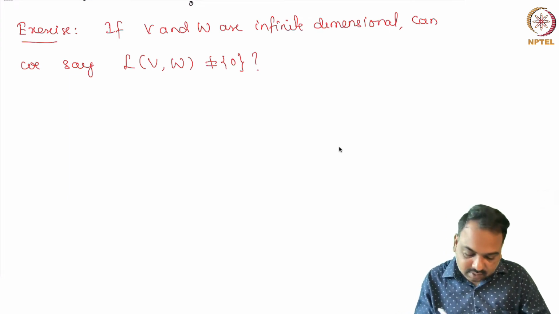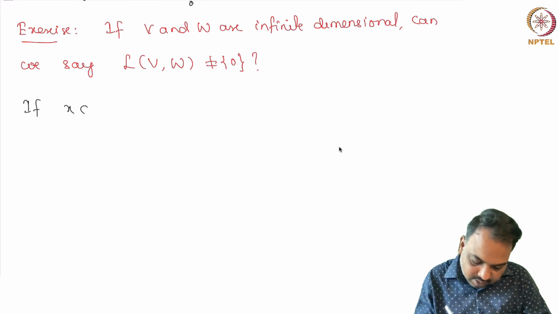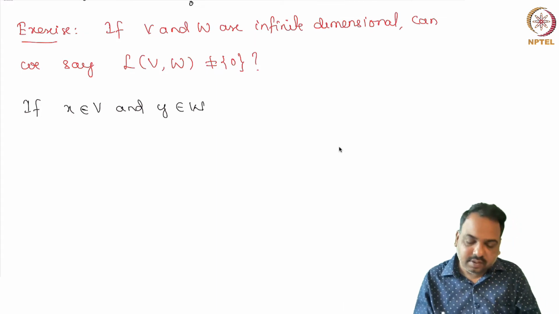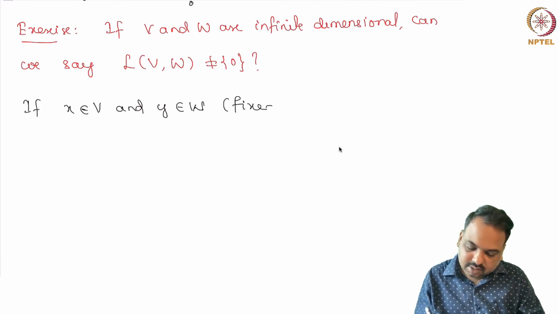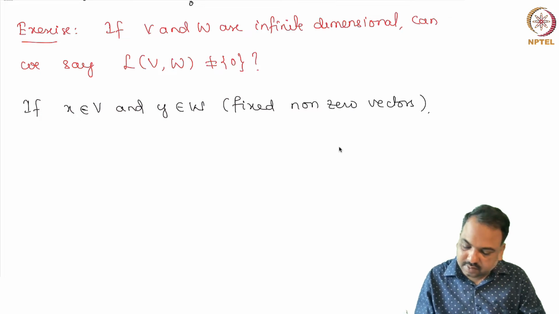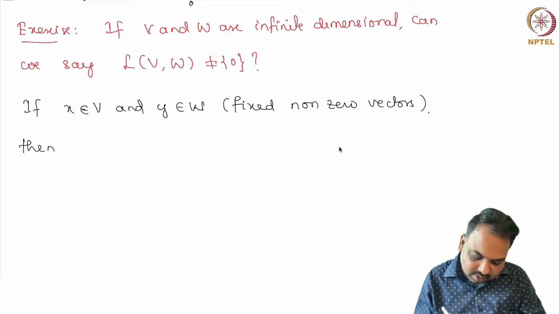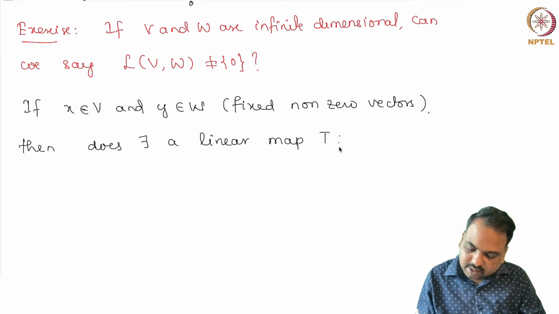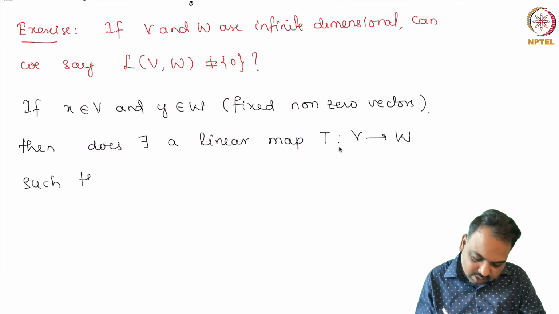So this is another way of asking: if x is in V and y is in W, fixed vectors, then does there exist a linear map T from V into W such that T of x equals y?